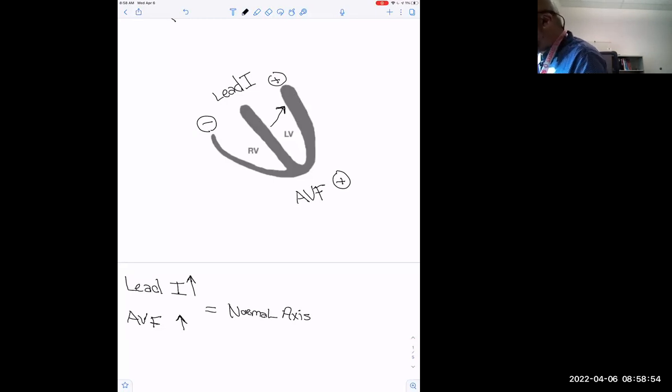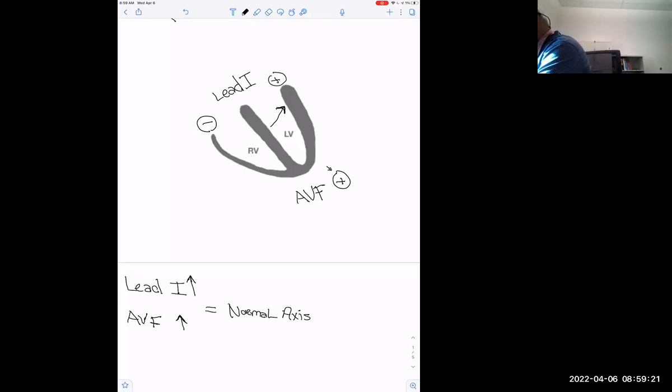So applying what we know to this situation, we have this vector traveling away from the positive pole of AVF and toward the positive pole of lead 1.